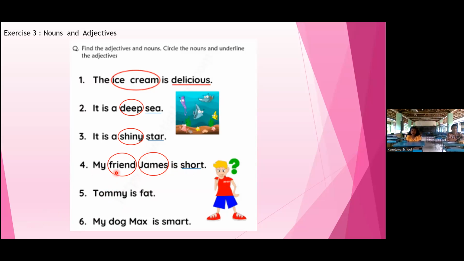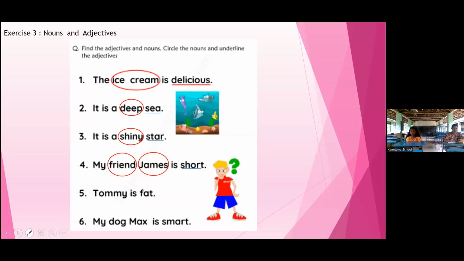So my friend is a noun. James is a proper noun. How do I know it's a proper noun? Can anybody tell me? James. Yeah, how do I know it's a proper noun? Because it is the name of a person. So if it's the name of a person, it's a proper noun.